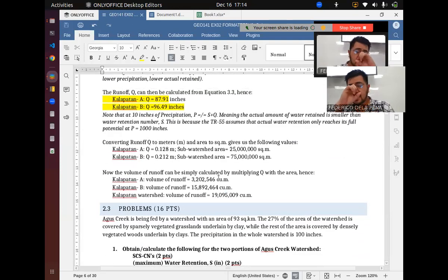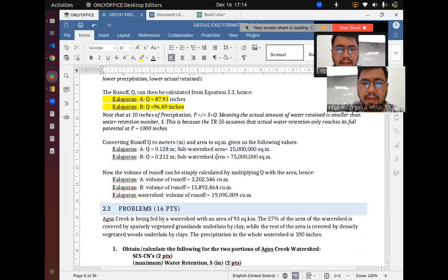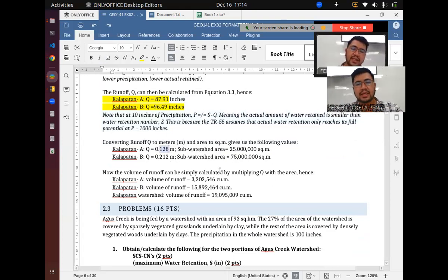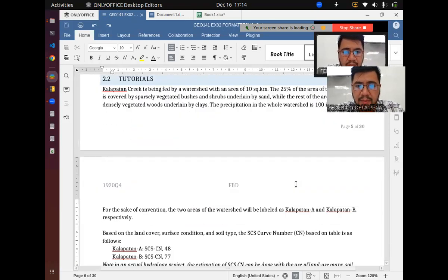Now we can calculate the total runoff in terms of volume. We just calculated the depth of the runoff per 100 inches of rainfall. Now we can calculate the volume by multiplying that by the area of that sub-watershed, as you remembered earlier.